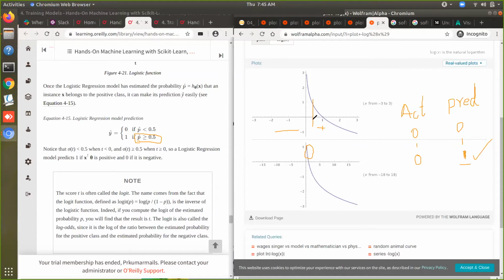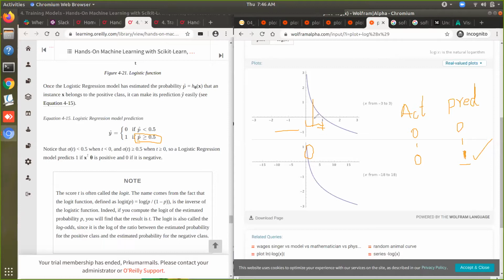When the probability value is greater than 0.5, the logarithmic curve approaches 0. We are focusing only on this range; beyond it, log is not defined for negative values, and our range of concentration is only 0 to 1.